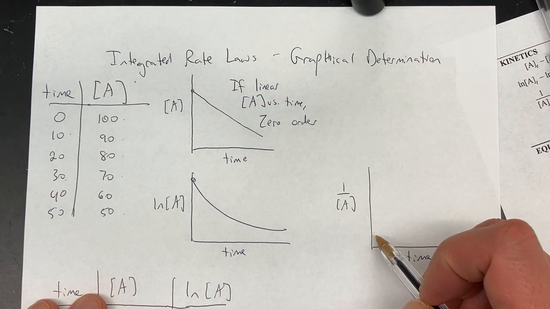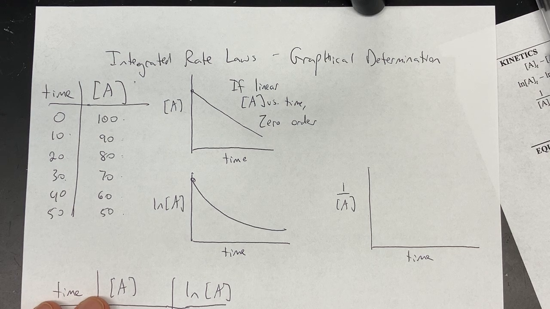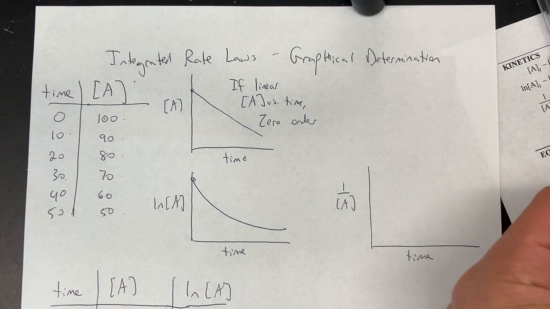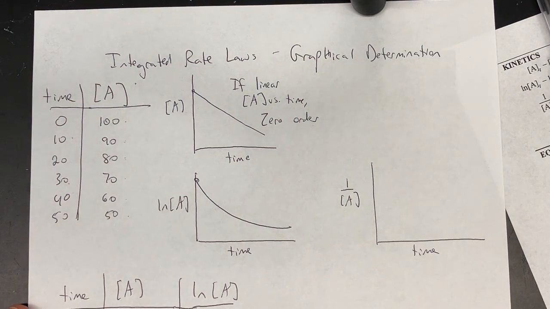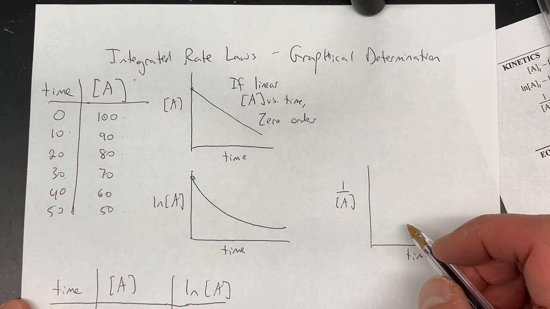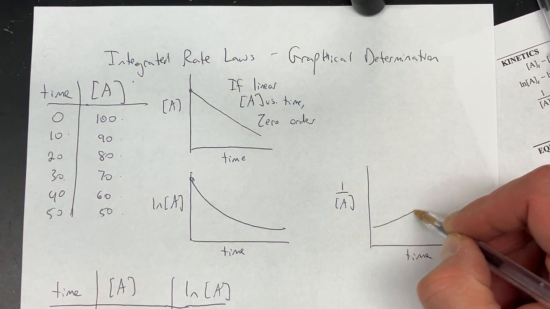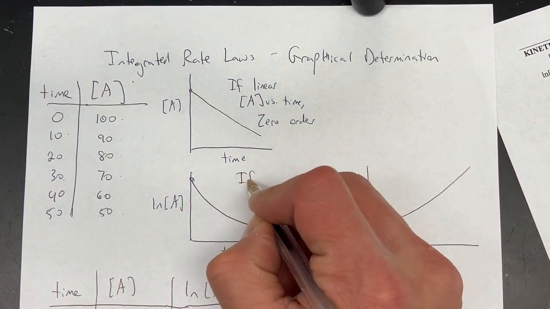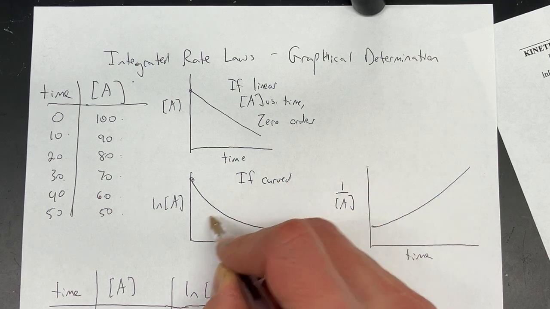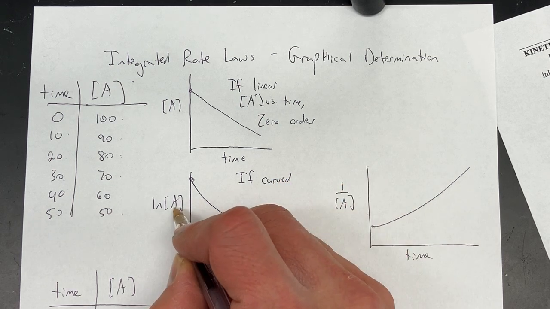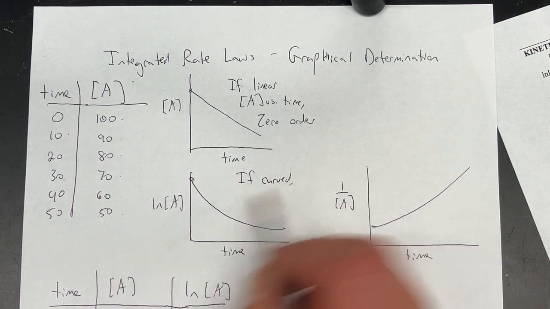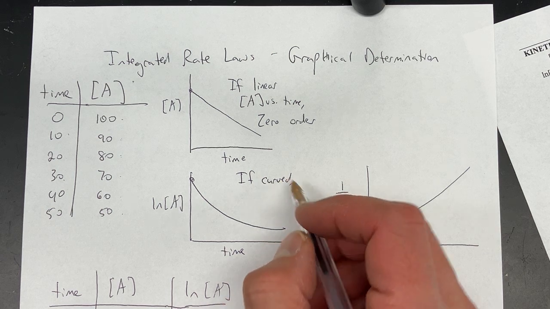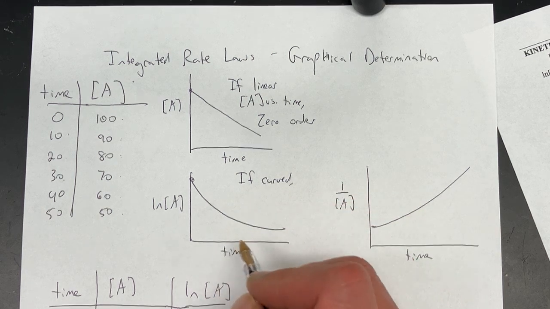And this one, 1 over A versus time, might be something like that. So this one usually goes up, but if these are curved, we don't want to look at it if it's curved. So that's kind of a signal: if it's not linear, then we don't really want to care about that graph.